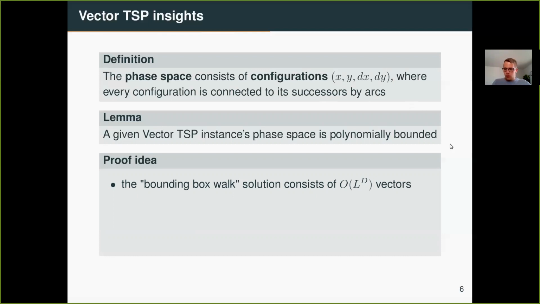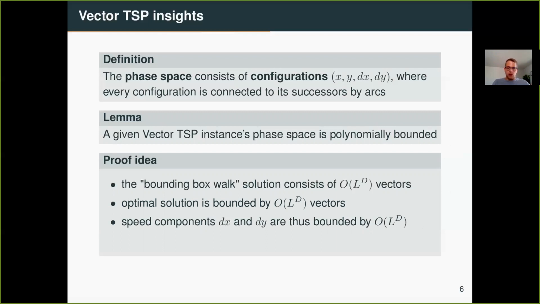So this is a simple solution because you visit every city because they're inside the bounding box, and you visit everything in the bounding box. And it's of size L to the D vectors. Now that means that the optimal solution is also bounded by L to the D vectors. And this in turn means that the speed components are bounded by L to the D as well, because you can only accelerate by 1 every round.